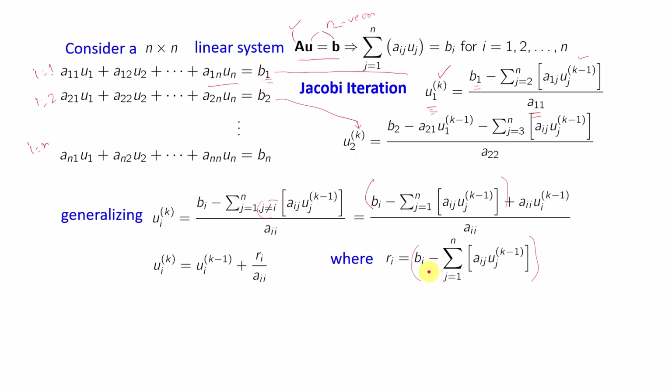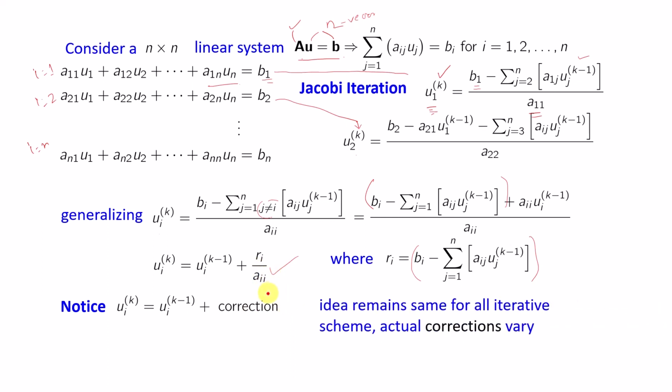Now in an ideal world, this Ri should be 0. Then we can say that we have reached the solution, but certainly it is not 0, and that is what is bringing some correction here. As the solution approaches the correct solution, this correction will be less and less, and Ri will go toward 0.